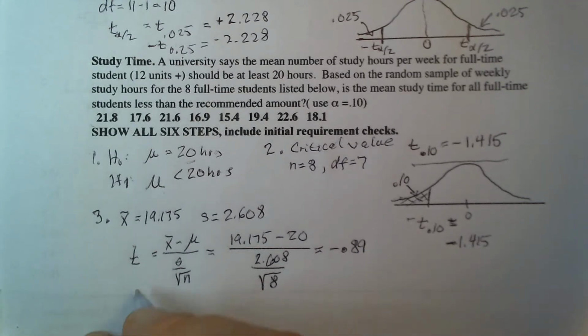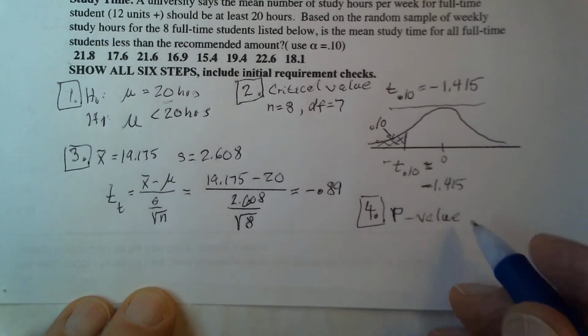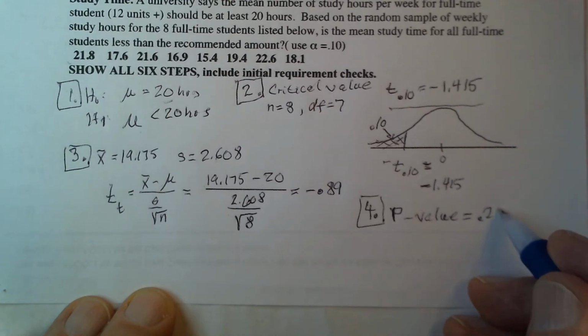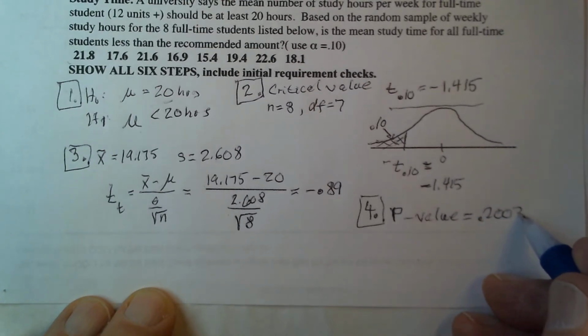So that's our t-test statistic. Using technology, the p-value turns out to be 0.2003.